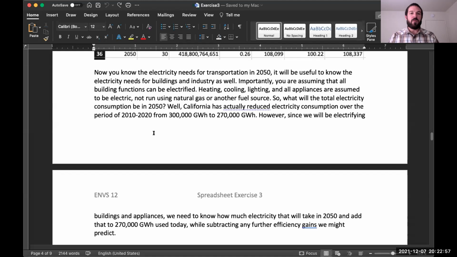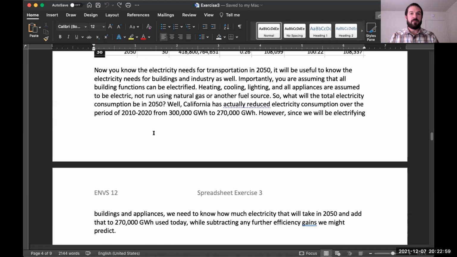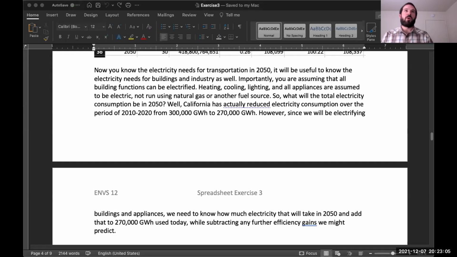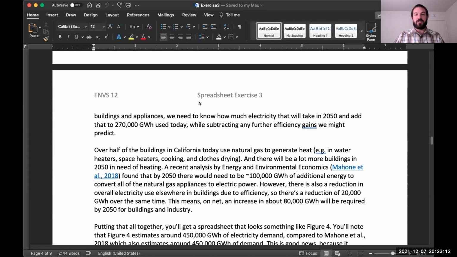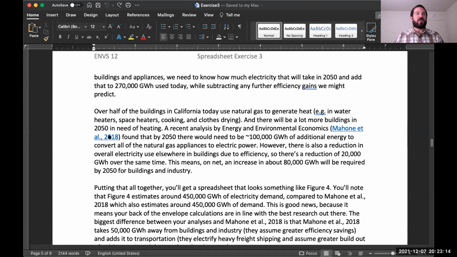So what about buildings? Okay. That is perhaps a little bit more straightforward, where essentially we're just saying that because we've done some other research looking at this specific report, which is very valuable, that research shows that for buildings, we're going to need about 100,000 gigawatt hours of additional energy to convert all those natural gas appliances to electric power.